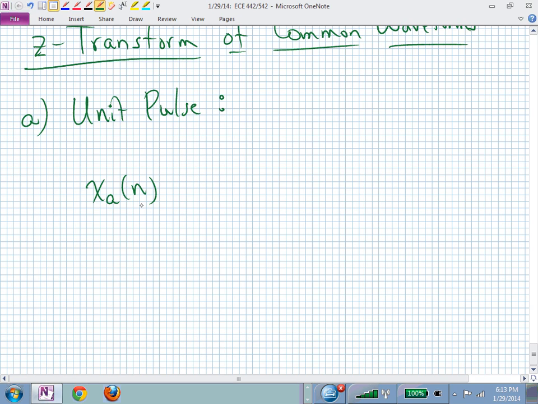Let me say that's x sub a, since this is waveform A. This is simply going to be 1 when the time index is at 0, or when this argument is 0. So I could shift this around and make it x sub a of n minus 4, and then that would only occur at n equal to 4, for example, and it's equal to 0 for all other arguments.